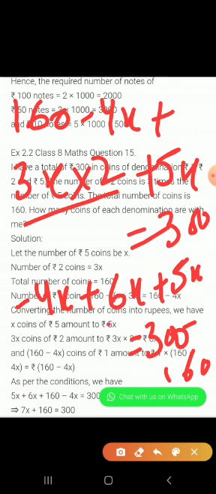Now see, 5x plus 6x, it is giving you 11x. 11x minus 4x, how much it is? 7x. So 7x equal to 300 minus 160. How much it will be?